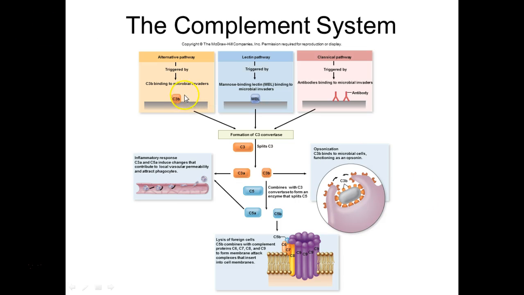So whether it's triggered by alternative with C3b binding, or the mannose-binding lectin proteins, or antibodies, we're going to get to the point where C3 is converted and continually broken down into the two components, A and B. B can bind to cells and cause them to be phagocytosed, what we call opsonization. The C3a, and then later when C5 is activated in the cascade, C5a, both of these are going to induce inflammation. And then we can also have the formation of that MAC complex.